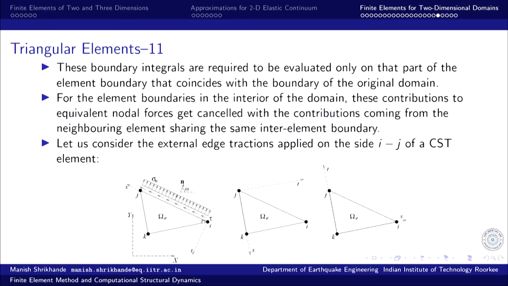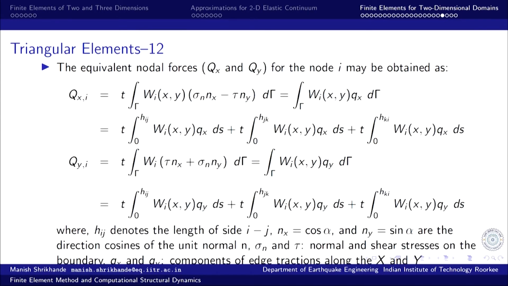The idea is that, instead of working with x y, it is easier to define a local frame of reference such that one particular axis coincides with the edge of the triangle that we are looking at. So, we define an s t frame of reference and map it to the global x y frame of reference, such that the s variable, one of the local coordinate variables, varies from 0 to the length of the edge, and that is what we are doing here.